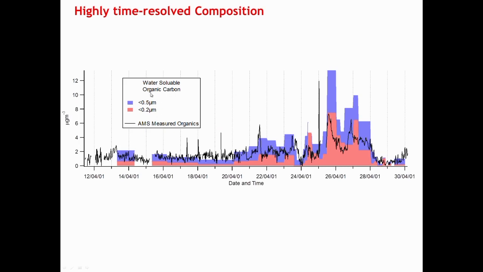So we were measuring the water-soluble carbon with 8-hour time samples. But we also measured organics using an aerosol mass spectrometer. And you can see you get much, much higher time resolution than you get from the long-term, time-integrated impactor samples.